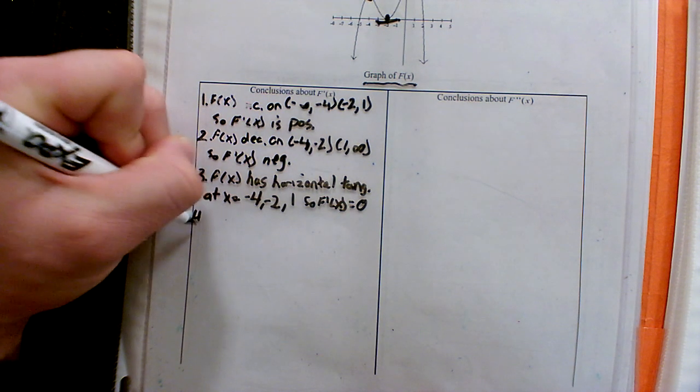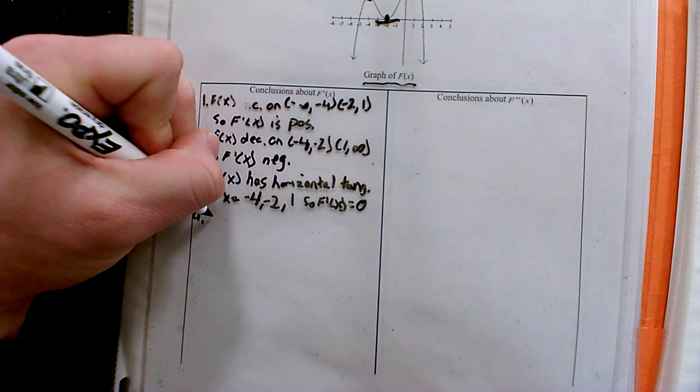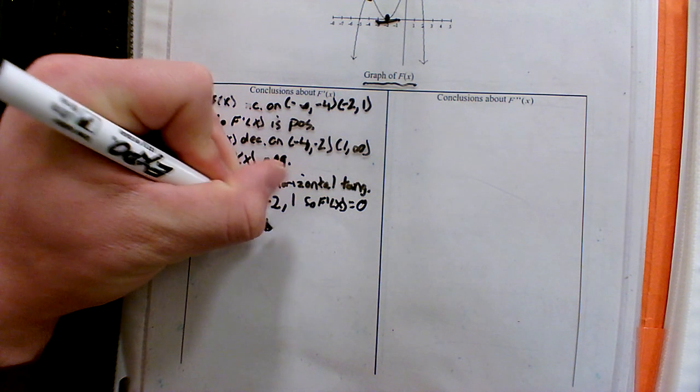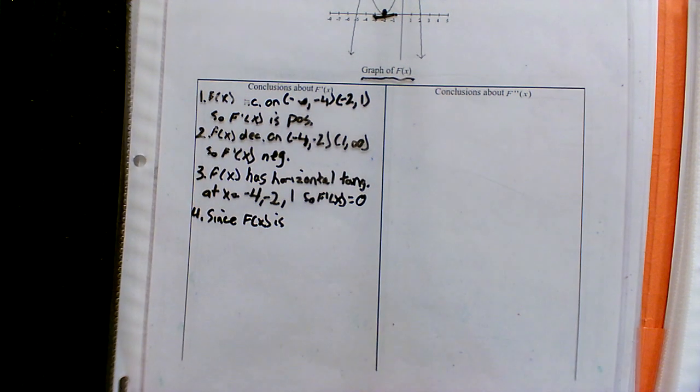Alright, the next one. So what type of function is f of x? Linear, quadratic, cubic, quartic, quintic? What is it? If you're not sure, what would the power be?